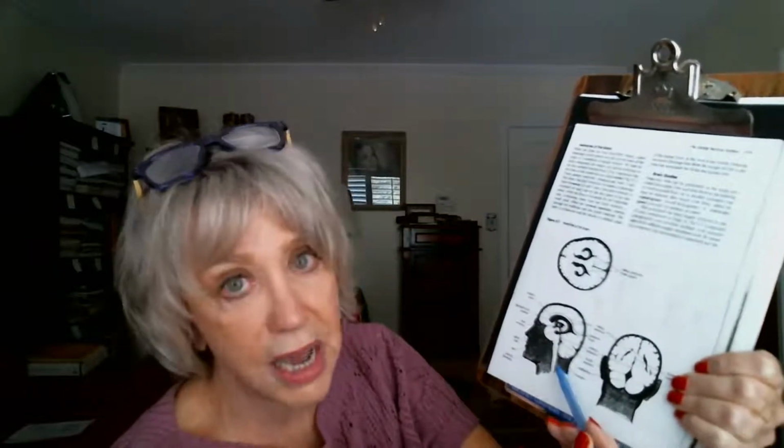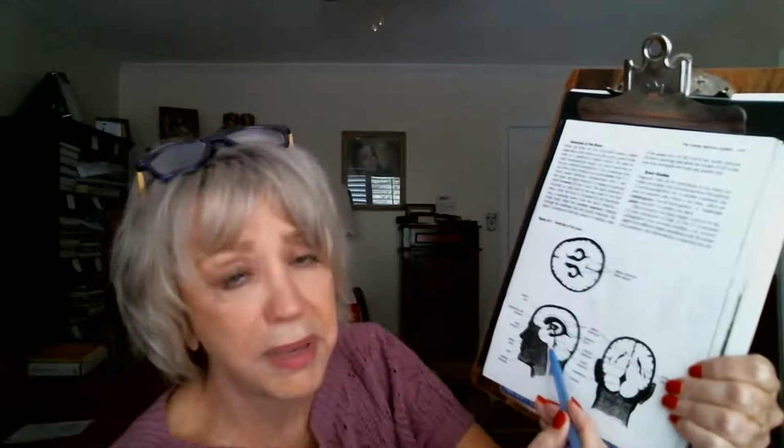From the fourth ventricle, there's a hole which takes the fluid all the way around the outside of the brain, the front of the brain, and down and around the entire spinal cord, as well as through a little hole in the middle of the spinal cord, which is the central canal.